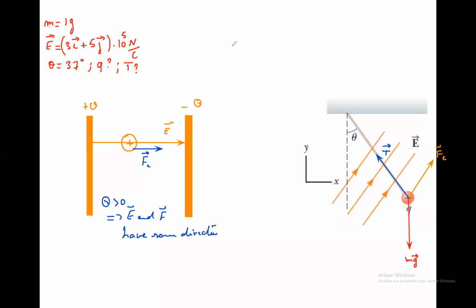So for this reason, FE has the same direction as E. If Q is negative, FE will have the opposite direction of E. Same direction or opposite direction depends on the sign of Q.